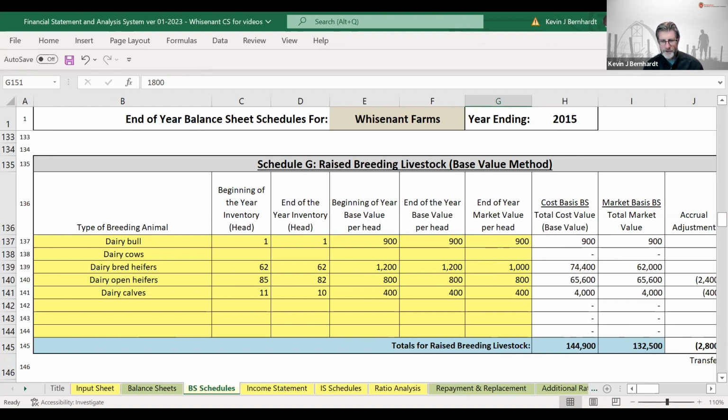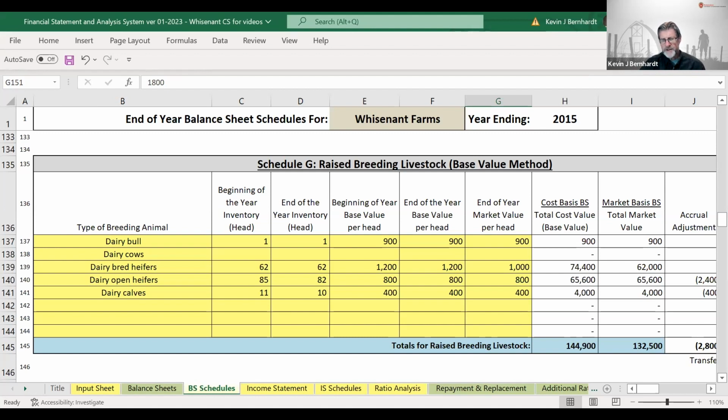You're going to track those costs for feed and vet costs and labor costs, etc. Once that animal goes into the breeding herd, then all those costs now get capitalized, and then you use that capitalized value as a substitute, if you will, for a purchase price, and you depreciate that capitalized value.